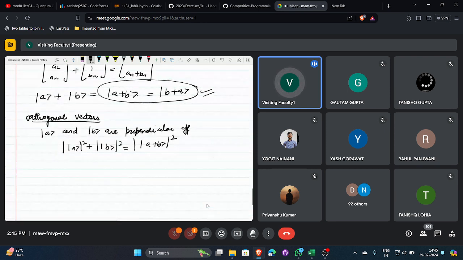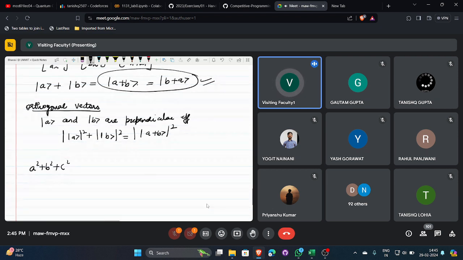Or simply, if you remember, what does the Pythagoras theorem say? When are two vectors perpendicular? If I say this is vector A, this is vector B, this is vector C, then the length of C squared is A squared plus B squared. We talk about the magnitude in this form.